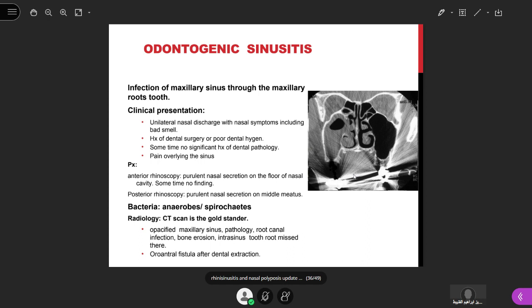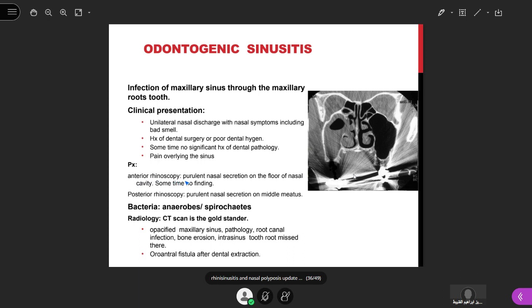Odontogenic infection is infection of the maxillary sinus through the maxillary root teeth. Clinical presentation is usually unilateral nasal discharge with nasal symptoms, very bad smell, history of dental surgery or poor dental hygiene, sometimes no significant history of dental pathology. However, pain overlying the sinuses is a clear indication.